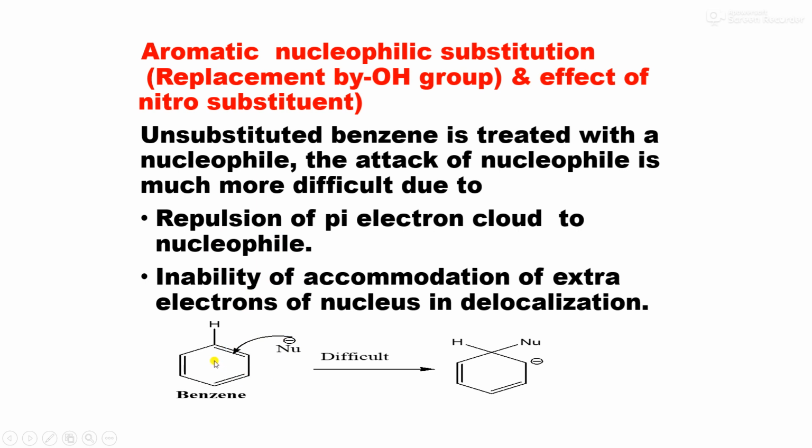Therefore aromatic nucleophilic substitution reactions are reluctant. It is less extensively observed, and once nucleophile attacks the aromatic nucleus forcefully, this is the intermediate formed in the reaction.